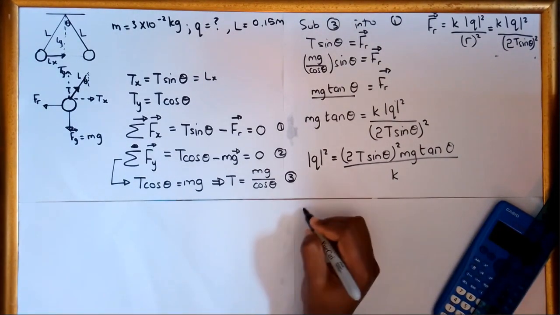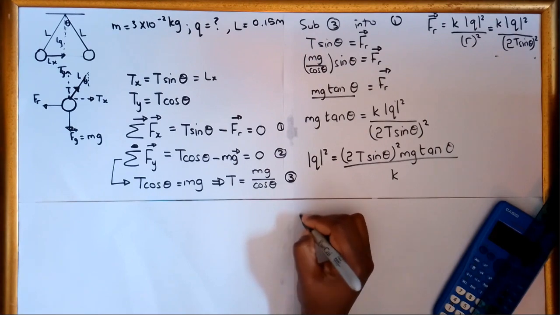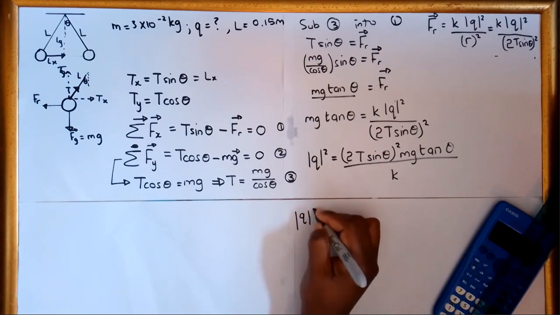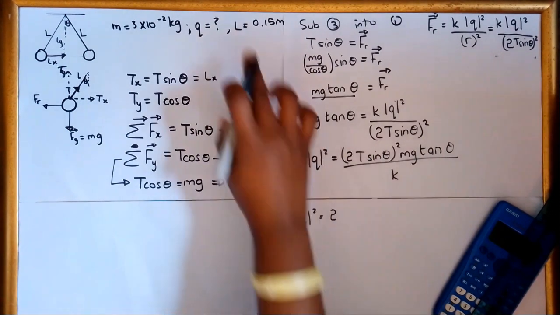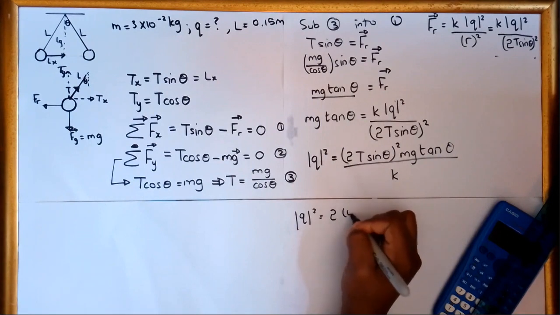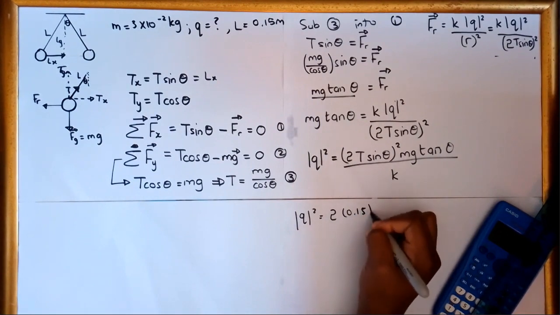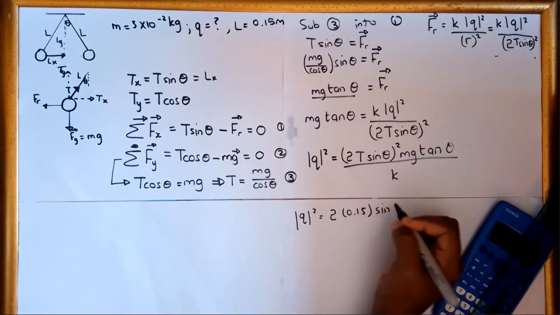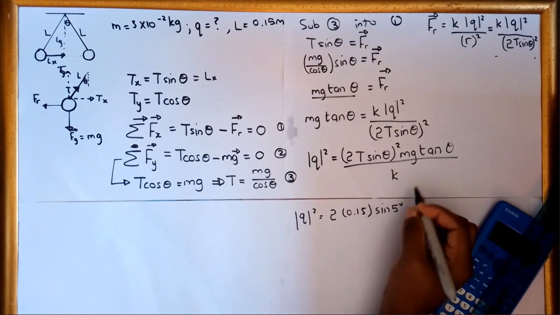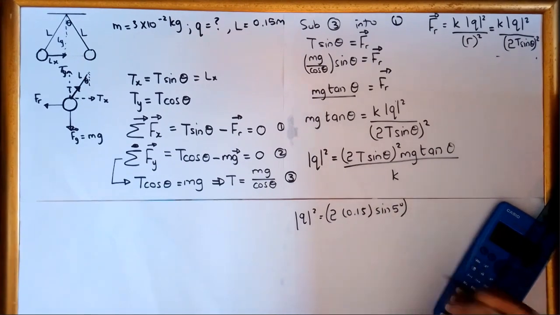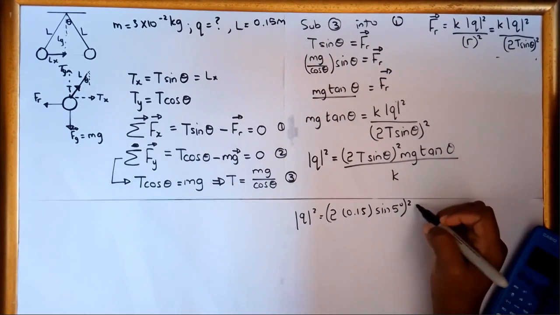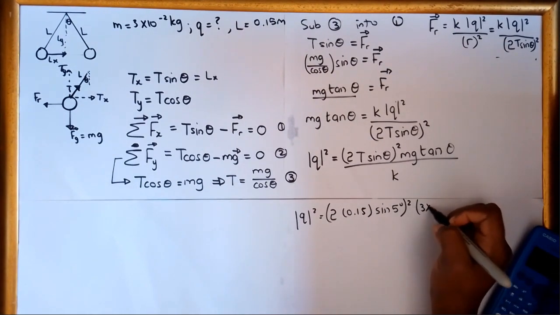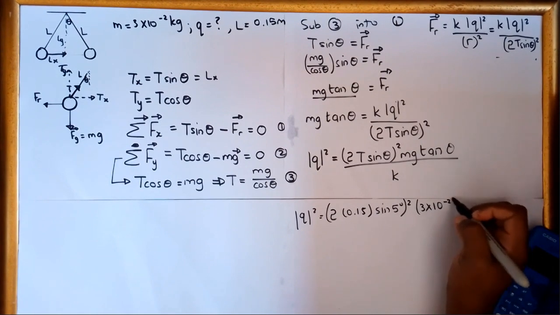Then I'm just going to continue on this side. You can substitute everything. 2 times T is equal to our L, so that's 0,15. Then sine theta, with theta equal to 5 degrees, squared. And then our mass is 3 times 10 to the power of minus 2 kg.